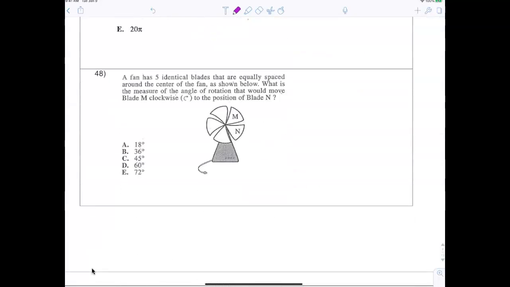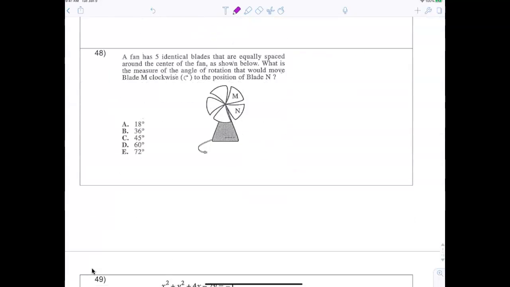Here we go. 48. Oh, this one's a really nice problem too. Good little thinking question. It says a fan has 5 identical blades that are equally spaced around the center of the fan as shown below. What is the measure of the angle of rotation that would move blade M clockwise to N?